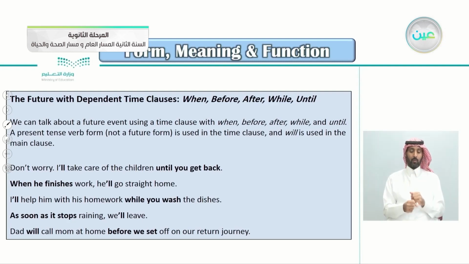And will is used in the main clause. Let's see some examples here. Don't worry, I'll take care of the children until you get back. So until you get back, this is the time clause. We used here a present tense verb form.